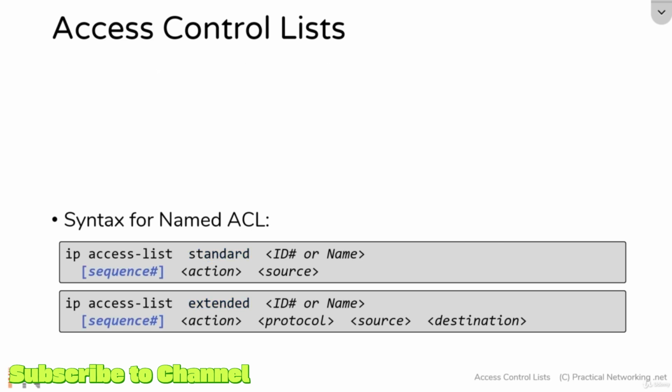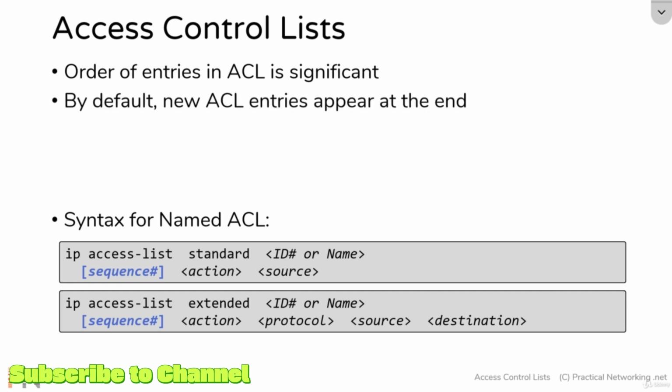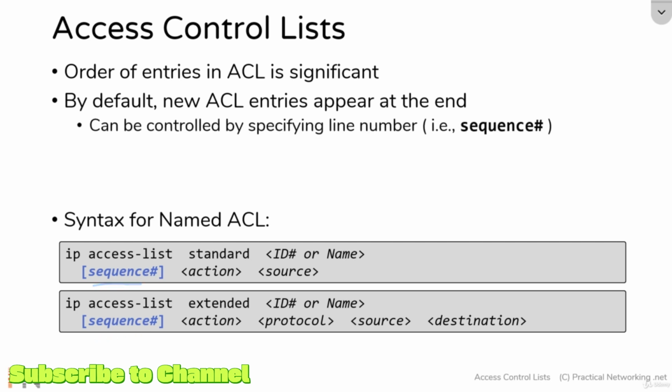Which brings us to this field, the sequence number. Recall that the order of entries in an ACL is significant. By default, when you add an entry to an access list, it appears at the end. Now this creates a limitation if you need to add something in between two other lines that exist. This sequence number field allows you to control exactly where a new entry appears.